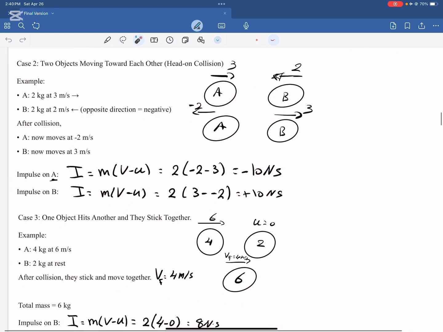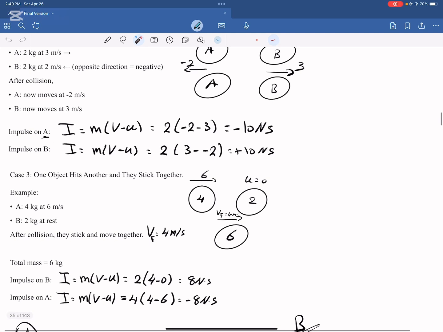Now the last case was basically, you've got one object that hits another and they stick together, right? If they stick together, that means they have the same velocity. So if you want to calculate the impulse on B, you want to get the mass of B, which was in this case 2, and the final velocity.